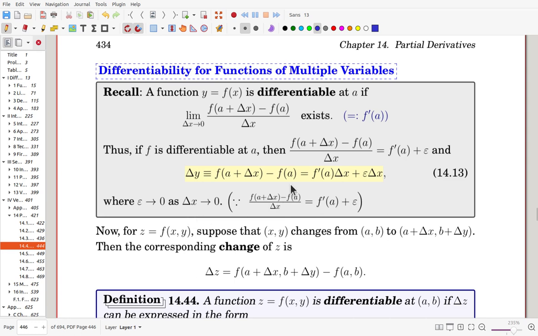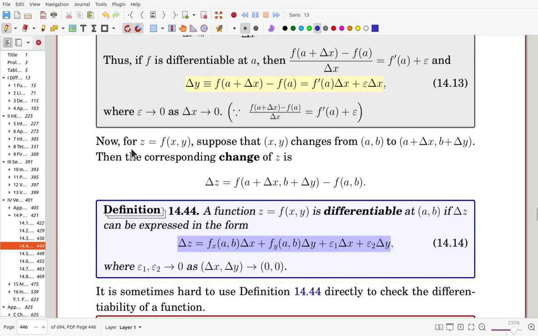That's the meaning. So rather than using the limit definition of differentiability for a function of one variable, we may use this one: as delta x approaches 0, epsilon approaches 0, then we say it is differentiable.